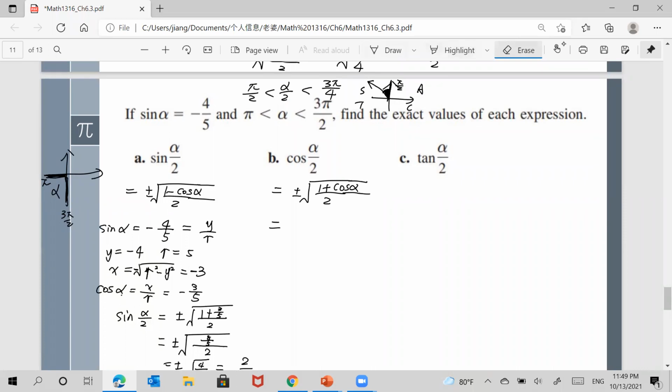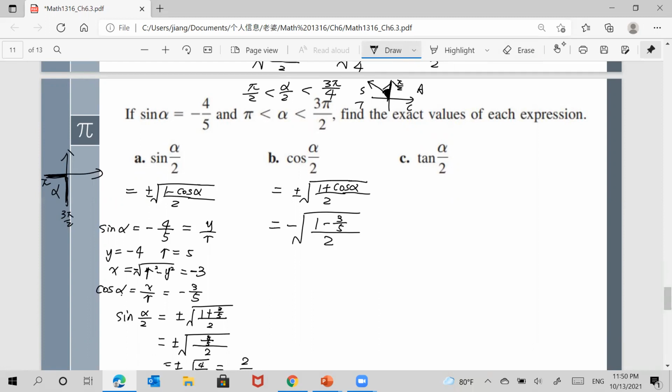So cosine alpha over 2 is in the second quadrant. So cosine of an angle in the second quadrant is always negative. So keep the negative sign here. And then bring down the terms here. 1 plus cosine alpha. Cosine alpha is negative 3 over 5. So here is minus 3 over 5 divided by 2.